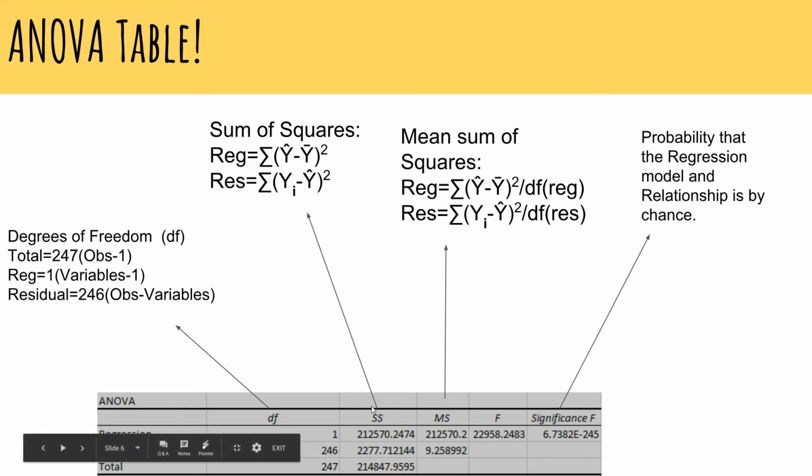Moving on, SS or sum of squares. As the formula given here shows, there are two types of sum of squares, the regression sum of squares and the residual sum of squares. The regression sum of squares is the sum of squares of the differences between the predicted values of y and the mean value of y, and the residual sum of squares is the sum of the squares of the observed value minus the predicted value.